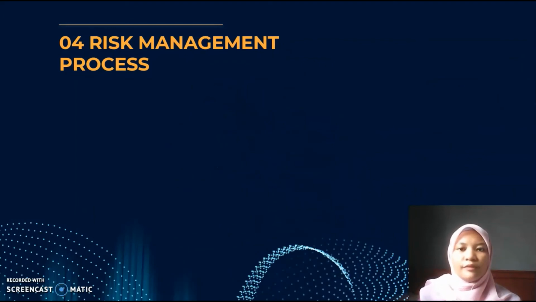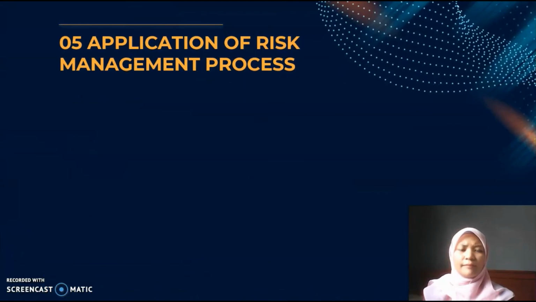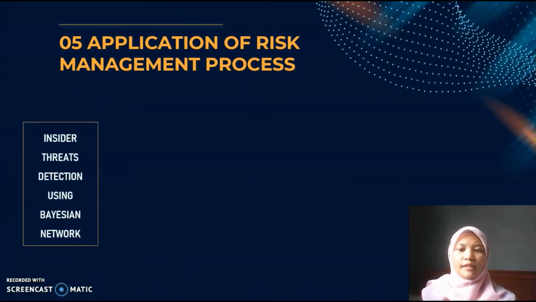Next, we move to the risk management process. Basically, there are 5 steps of risk management process, which is to identify the risk, measure the risk, evaluate risk, and mitigate risk, as well as monitor the risk. And in this topic, I found the application of risk management process, which entitled Insider Threats Detection using Bayesian Network.